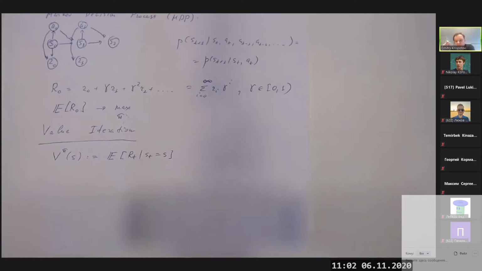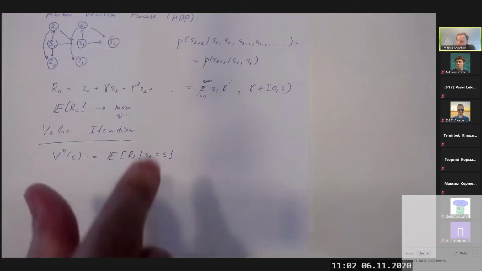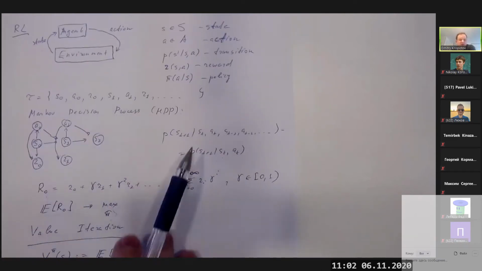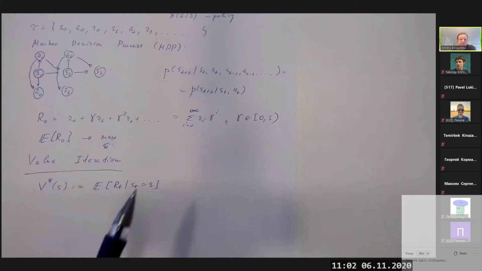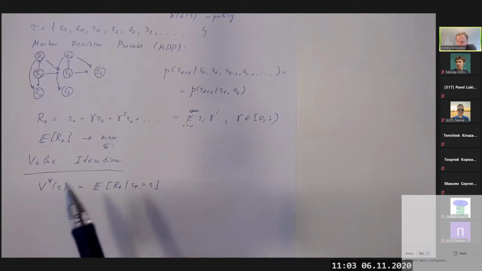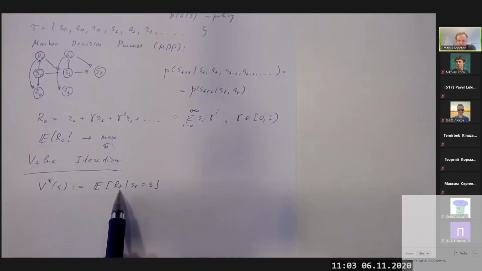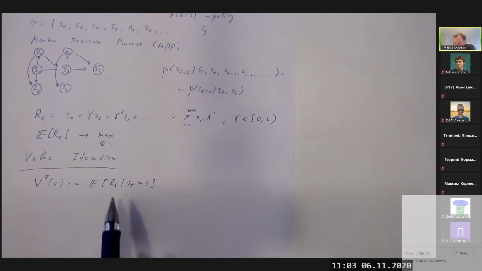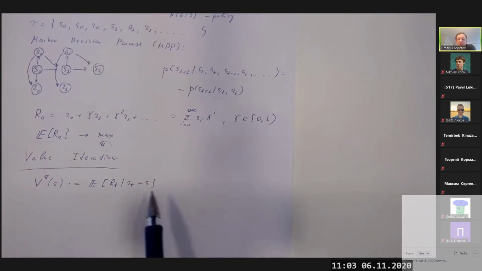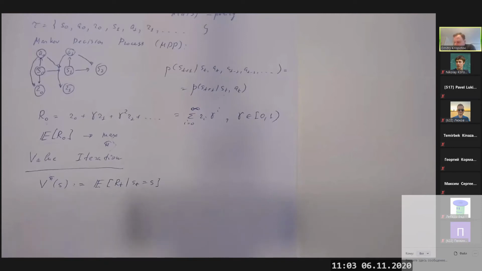Then, starting from a particular position, we are collecting a trajectory using our particular policy pi. This big R_t is a cumulative reward that we get from our environment starting from the moment t, and we take an expectation with respect to all stochasticity within our MDP. So this is just the expectation of our cumulative reward if we start from a particular state in our environment and choose actions according to our particular policy pi.